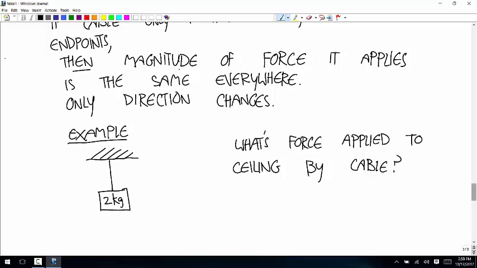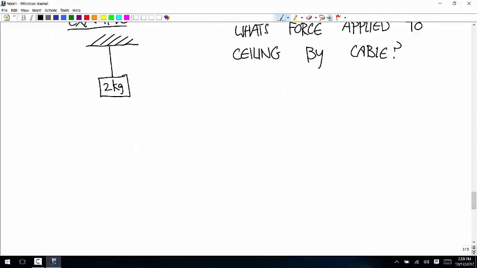So the first question is, between its endpoints, does this cable touch anything besides pulleys? It doesn't even touch any pulleys. So we know that the magnitude of the force that cable applies to the hanging mass is going to be the same as the magnitude of the force applied to the ceiling. Just the directions might be different, that's all. Okay?